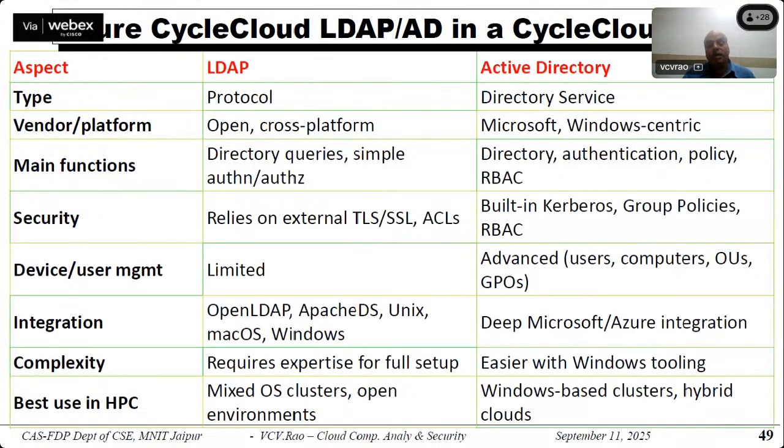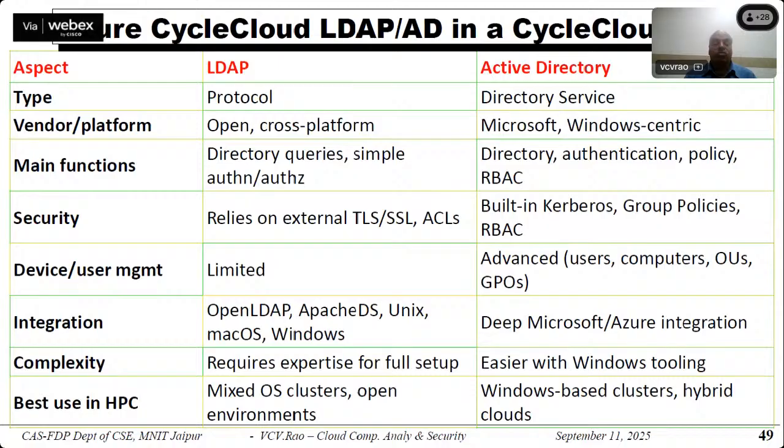Now, if you really see how the LDAP protocols and Active Directory services, some of them are extensively used in high performance computing, some of them are used in high throughput computing, and they come under the integration with Microsoft or Azure integration, or you have the clusters and then networks, everything.